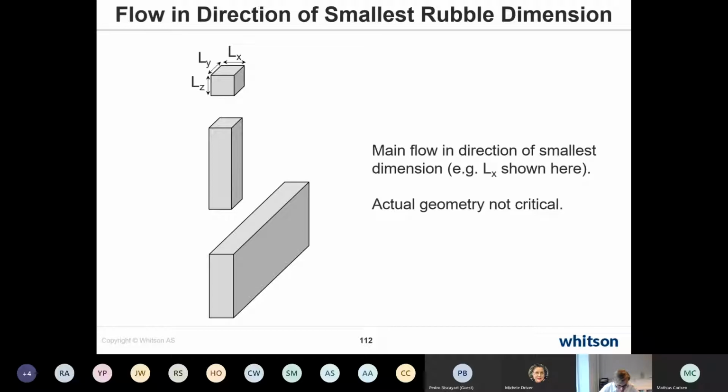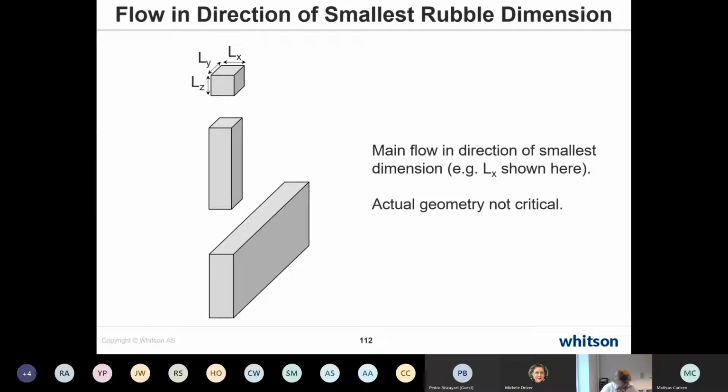Then we talk about a shattered volume, and we talk about how smaller pieces of rubble will essentially be more efficient, or you'll have a quicker recovery response from smaller pieces of rock. What actually matters is the shortest diffusion path, such that the main flow is in the direction of the smallest dimension. Stian has done some very excellent work on that.